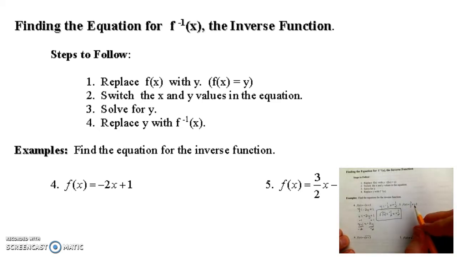You can pause the video and try the next example on your own. Now let's check your work. We're going to trade places the x and the y. Now let's solve this one for y. Add 2, add 2.